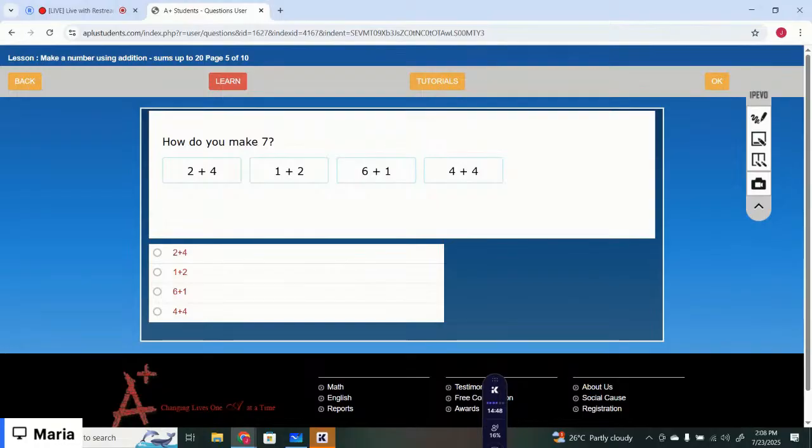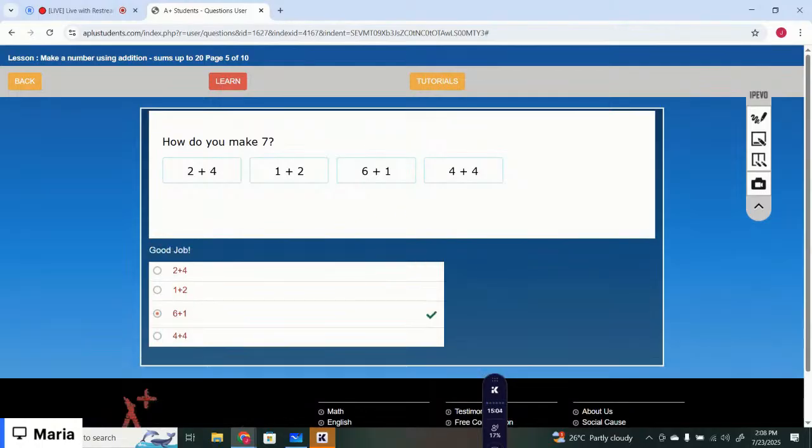How do you make 7? Option number 3 is the correct option. That is 6 plus 1 is 7.